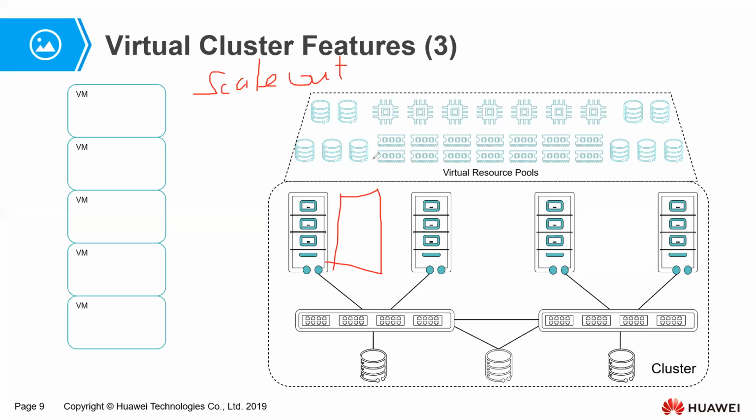Isn't it? So clusters in virtualization also support what they are calling horizontal scaling, and we have looked at it. You just get a server, add it there, or you just get your physical host, add it there, and boom, you have added more storage to your storage resource pool, to your virtual resource pool. Okay? So this means that it is going to make work a bit easier, because the administrator finds the existing resources.